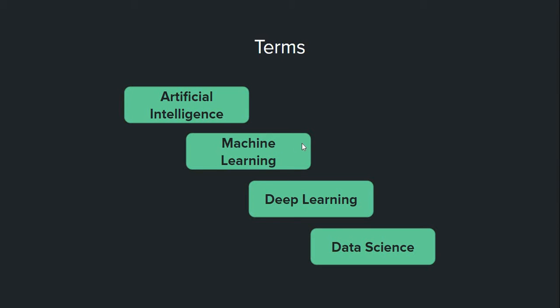Now let's move on to the second term, machine learning. Machine learning refers to some mathematical algorithms, methods and techniques that are used to give the intelligence that the computers need. And deep learning is actually a subfield or a subset of machine learning. The difference between deep learning and machine learning is that the techniques and methods used in deep learning are inspired by the functioning of the human brain.